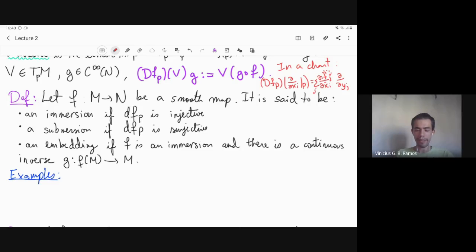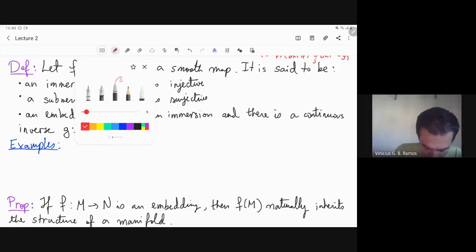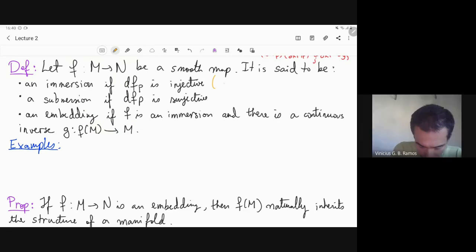Okay, so now let's recall this definition. So when we have a smooth map, it's said to be an immersion if dfp is injective. And in this case, we usually write it like this: M injects into N. That's the usual notation.